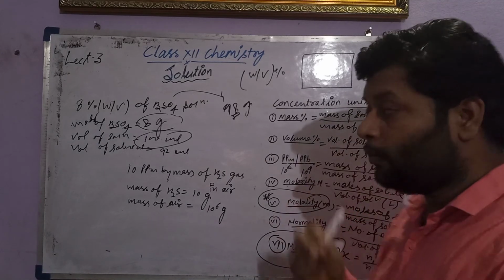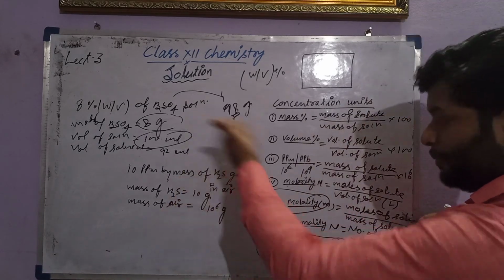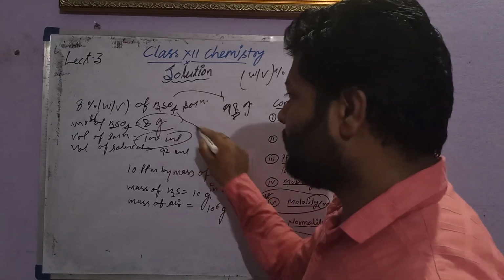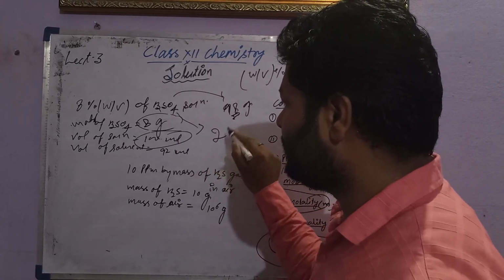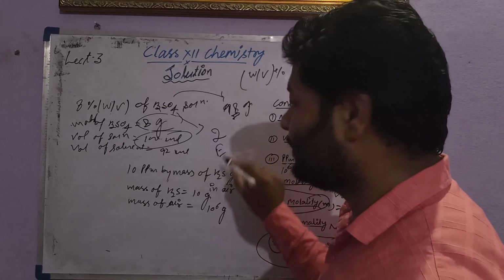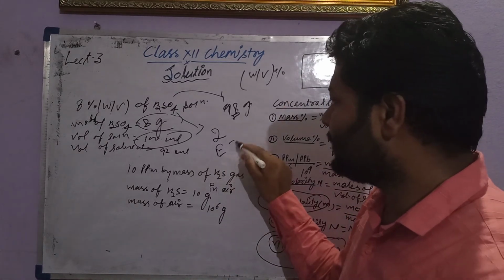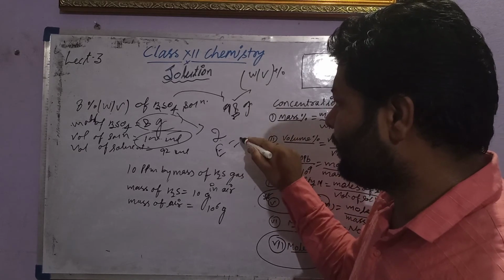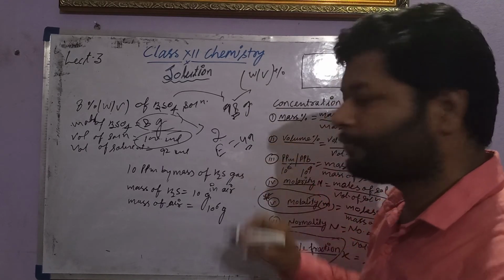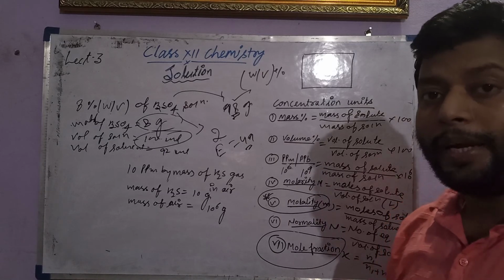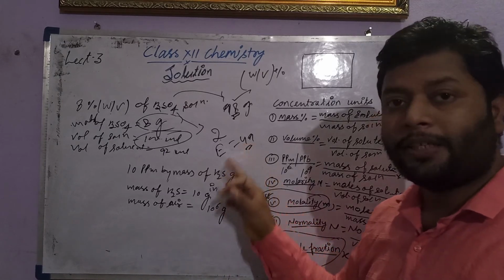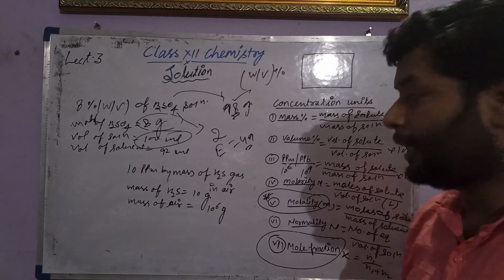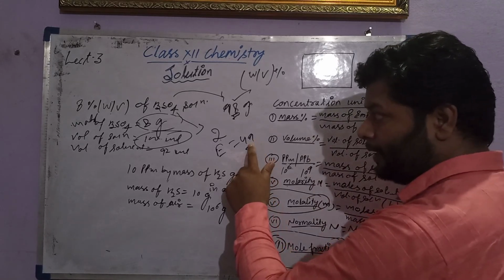At the same time, you can convert the same thing into normality also. For normality, the basicity of sulfuric acid is 2, so the equivalent mass E is the molar mass upon valency. When we divide by 2, this will be 49. The equivalent mass of sulfuric acid is 49.